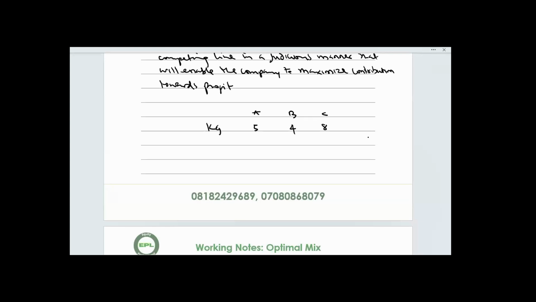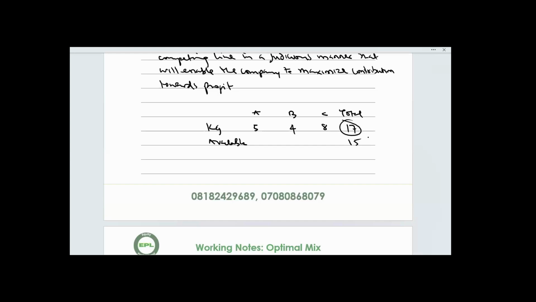The total required material kilogram is 17. Let's say the available material kilogram within the organization is 15. So you need 17 kilogram of raw material, but the company has only 15. So there's a constraint. That means the company will not be able to maximize contribution towards profits.